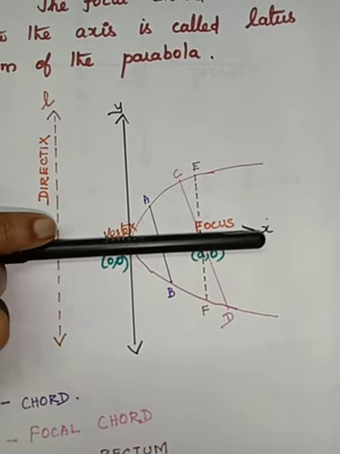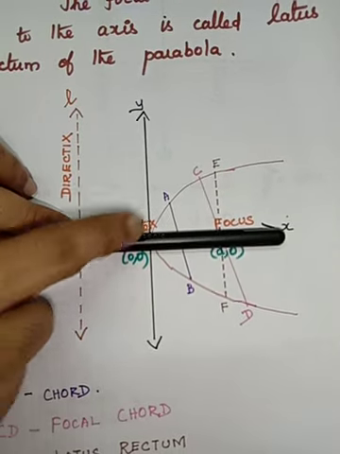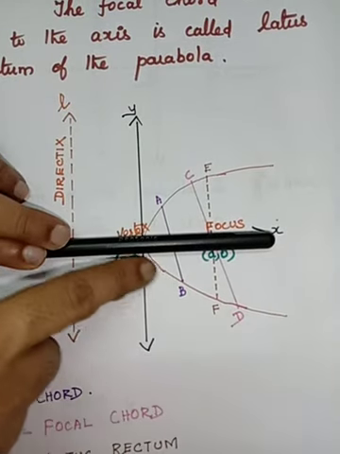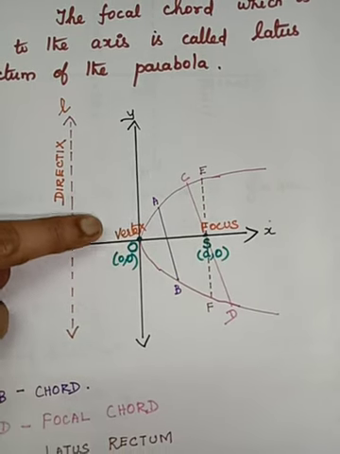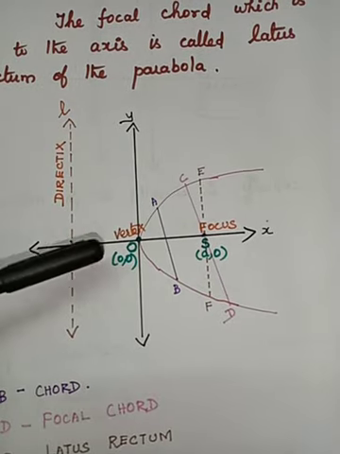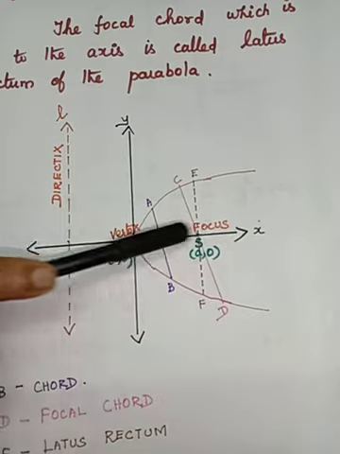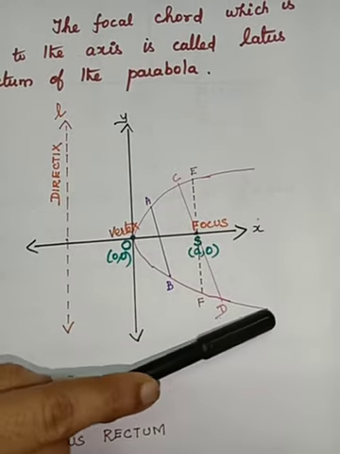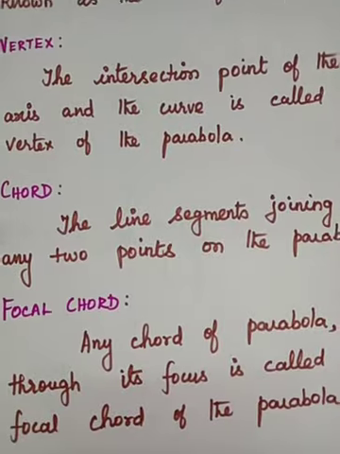The point of intersection of the x-axis and the curve, which point will you get? You will get the origin. So this origin is called the vertex of this parabola. So what is the vertex? Vertex is nothing but the point of intersection of the axis and the parabola.